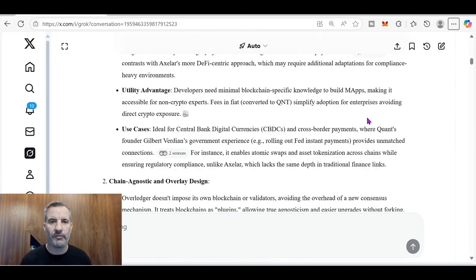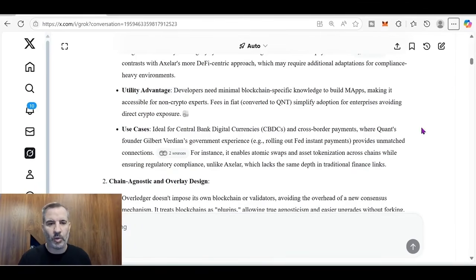And this, again, is enterprise, central banks, commercial banks, cross-border settlement. The DTCC is more for the derivatives market, which is the biggest market in the world. But that alone is literally 3,400 trillion per year, 3.4 quadrillion. This is just one use case of Quant. Axelar doesn't even touch that volume, that utility, that use case.